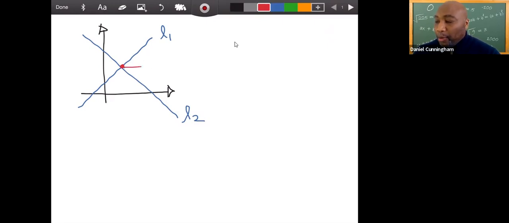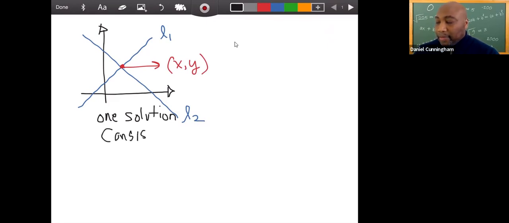And then you write out what that answer is, x, y, as a coordinate. This is known as one solution, or another name is it's consistent. So when you say it's consistent, it means it has one solution. So that's one thing that can happen.